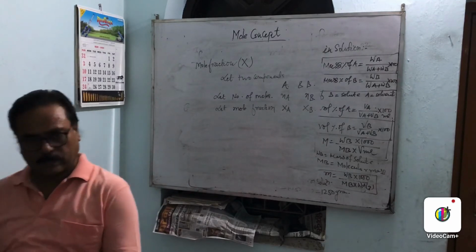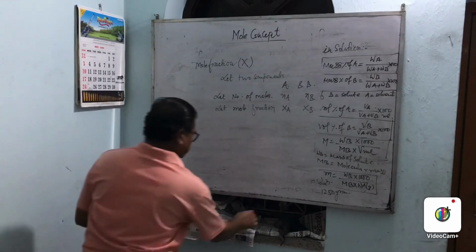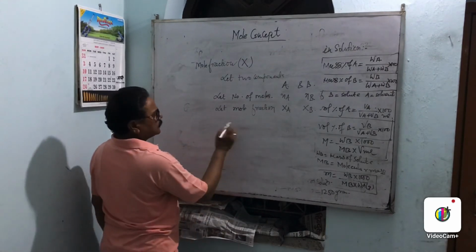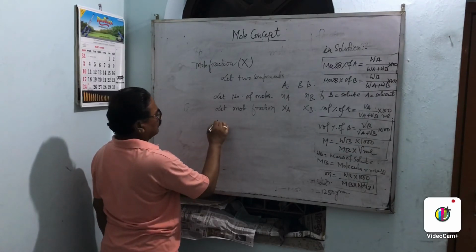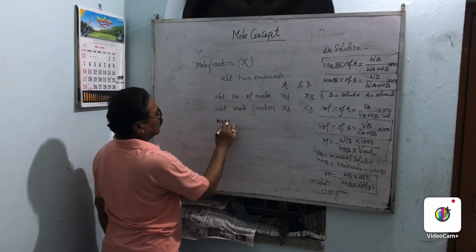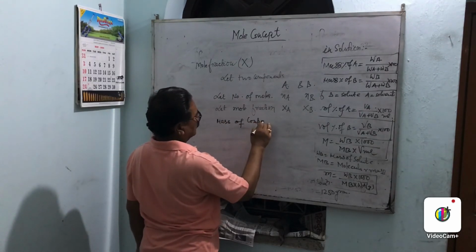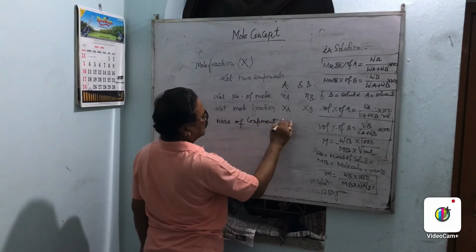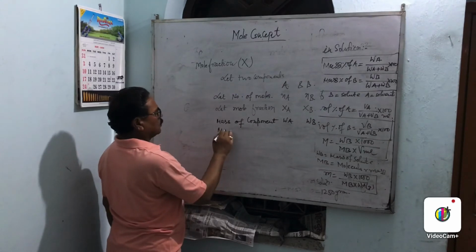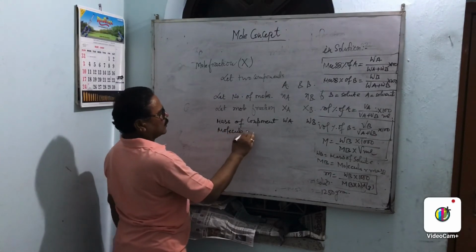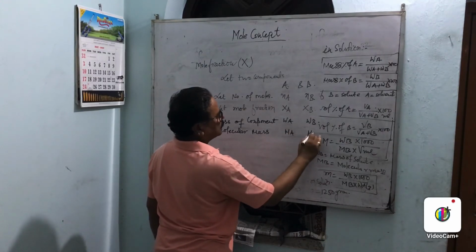Then the masses of the components are Wa and Wb, and the molecular masses are Ma and Mb.